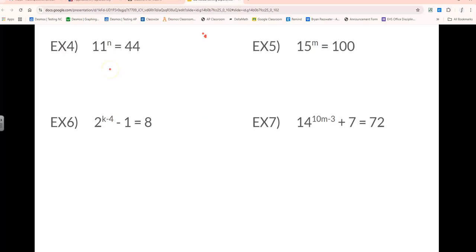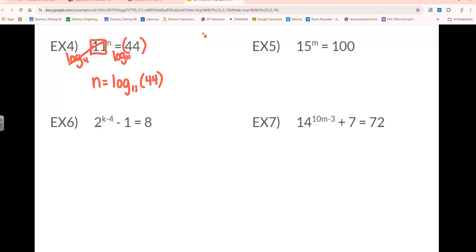So to get rid of the base right here, we have to use a log. The base of that exponent is 11, so we are going to use a log with a base of 11. We'll do that on this side, and it'll cancel out. We'll do that over here as well. And so we get n equals log base 11 of 44.